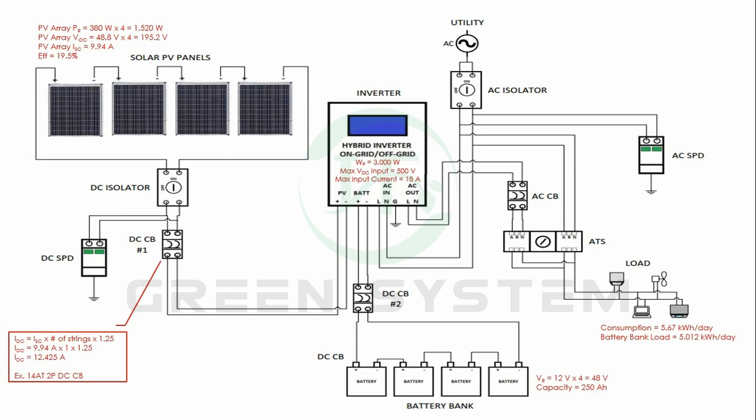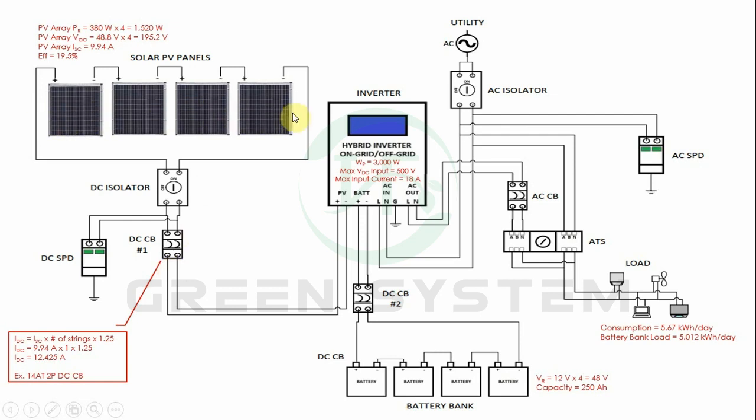Okay, so DC circuit breaker number 1, this one. This is at the output of the solar PV panel. So to compute this, we need to multiply the short circuit current of our solar panel, which is 9.94 amps, and multiply that by the number of strings.